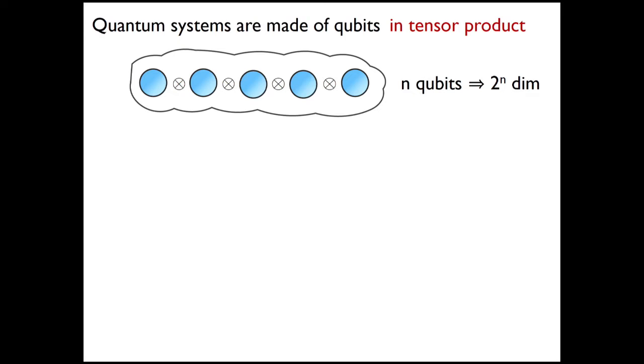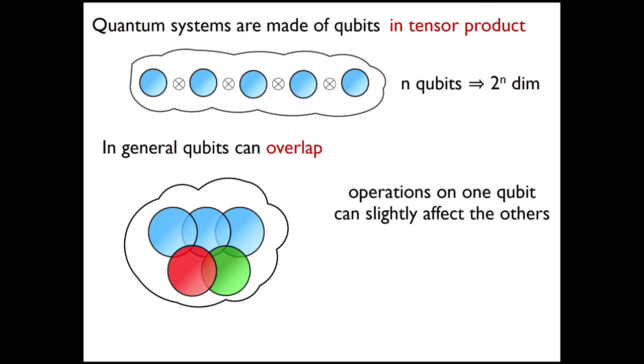So a more realistic assumption should be that qubits in a system can have a small pairwise overlap. Here we use the term overlap to quantify the extent to which an operation on one qubit can affect the state on other qubits.